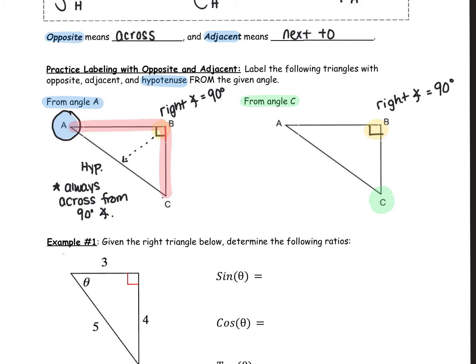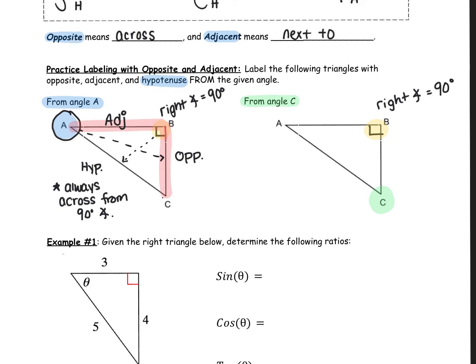The one that's across from angle A is BC. So we're going to use OPP to represent opposite. Then AB, this side right here, is right next to or adjacent to angle A. So this one is ADJ. We're going to abbreviate it using adjacent.